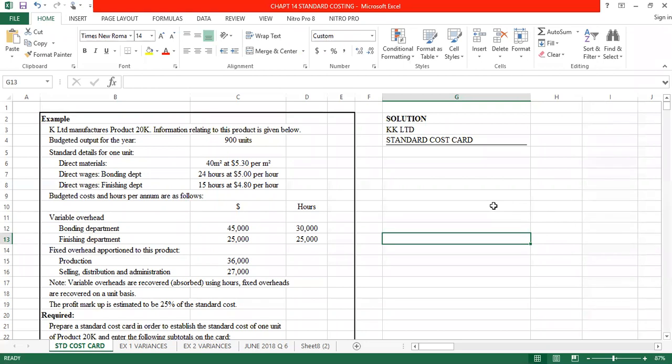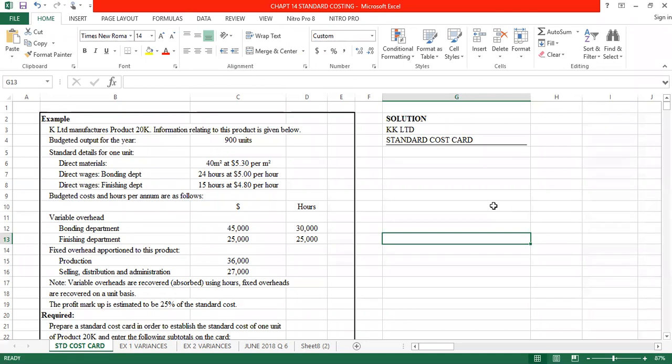Next, you have been given budgeted cost and hours per annum. Variable overheads, bonding and finishing, have been given. Fixed overheads apportioned to this product: production, selling, distribution, and administration have also been given.